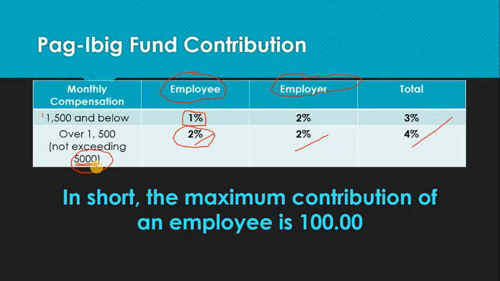If my salary is 4,500, since 4,500 does not exceed 5,000, I will get the 2% of 4,500. Any amount exceeding 5,000 should get the 2% of 5,000. In short, 100 pesos is the greatest contribution, unless you're going to upgrade. But by the standard of Pag-IBIG, this is how it works. Okay?